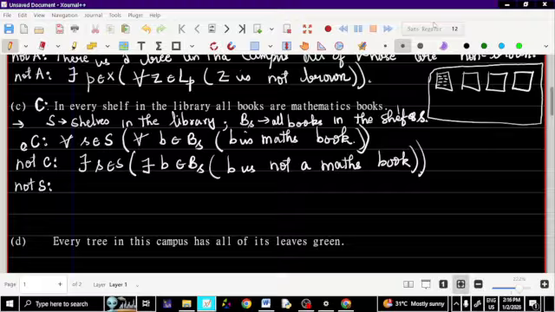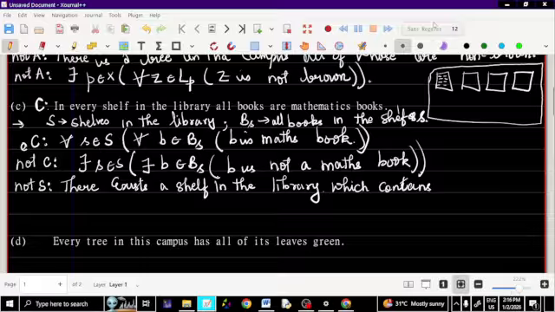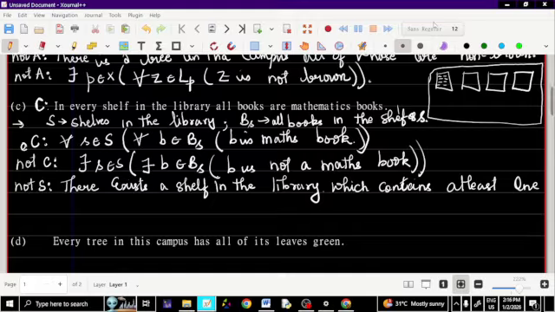So there exists a shelf in the library. At least one shelf in the library, and there is at least one non-math book which contains at least one non-math book, non-mathematics book.